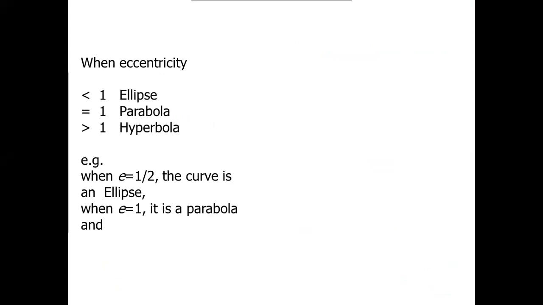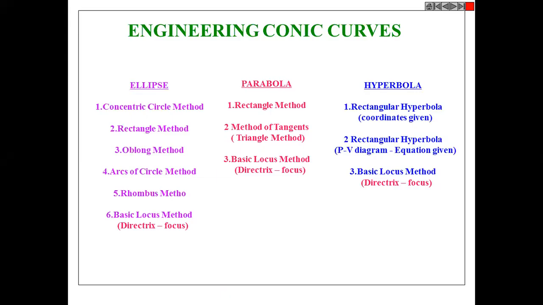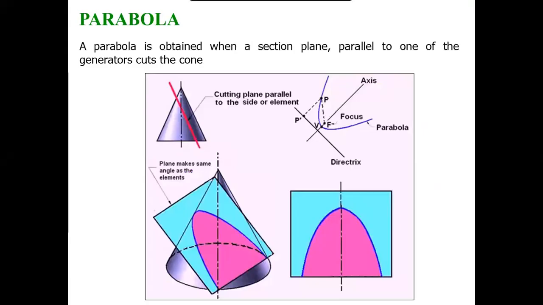Through eccentricity, we again bifurcated the previously discussed curves: ellipse, parabola, and hyperbola. If eccentricity is less than 1, it's an ellipse. If it is equal to 1, it's a parabola, and if it is greater than 1, then it's a hyperbola. All the three curves are seen together here. Then we started with parabola because ellipse was more or less covered.